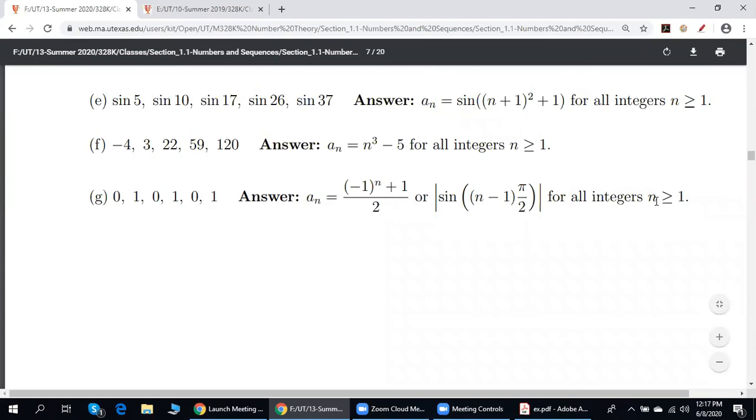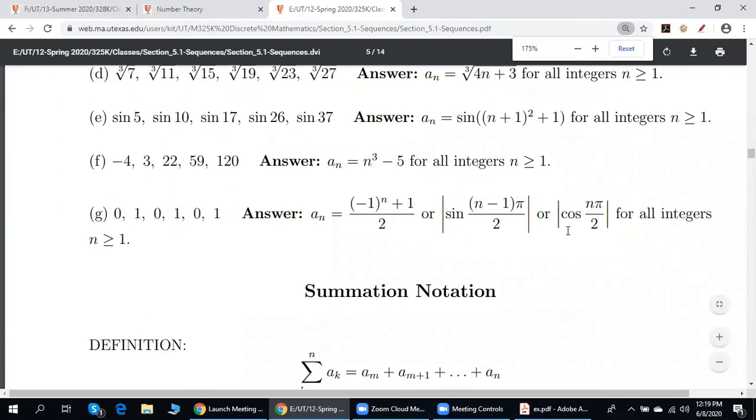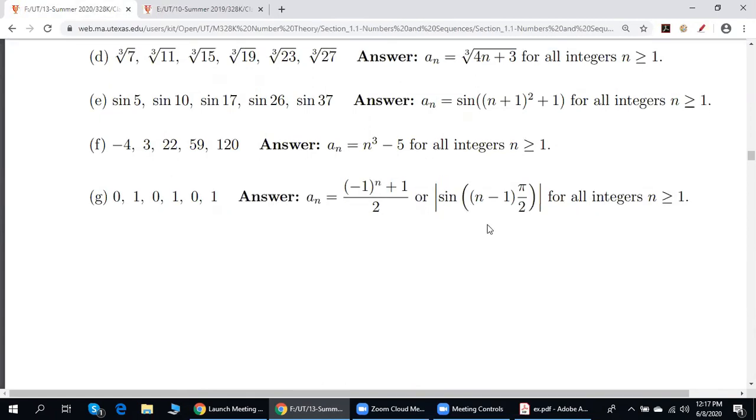If n is equal to 4, we have sine of 3 pi over 2, which is -1. And the absolute value of -1 is 1. For cosine, it's even easier. Absolute value of cosine of n pi over 2.